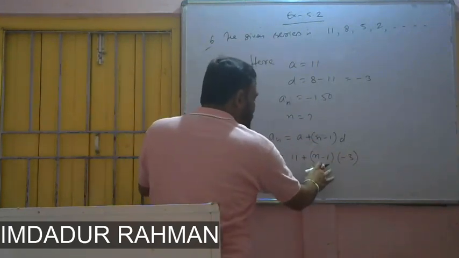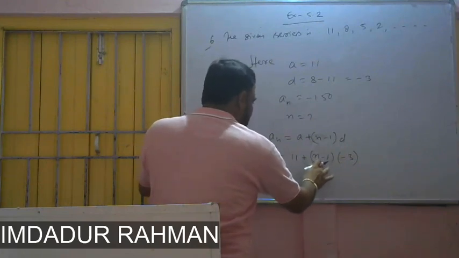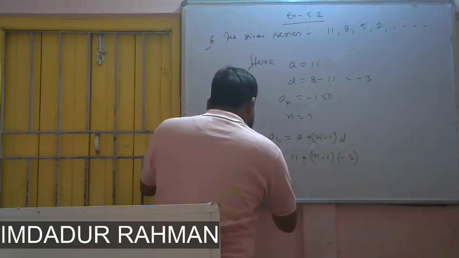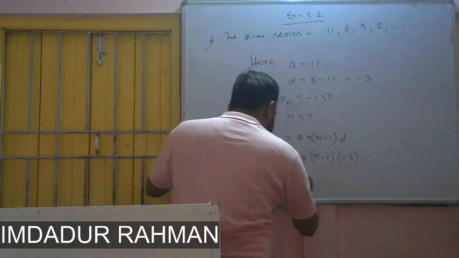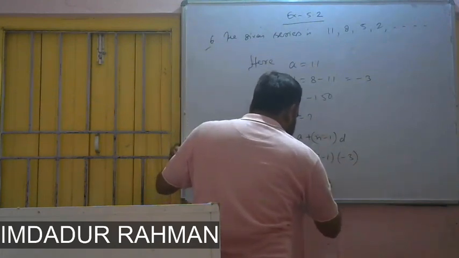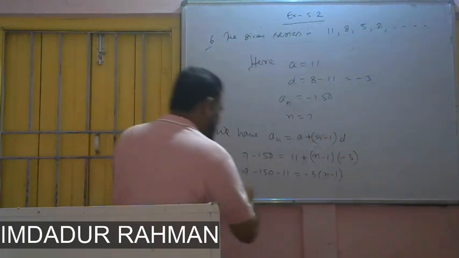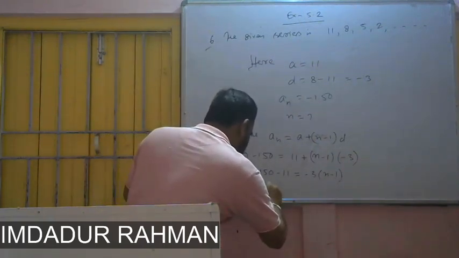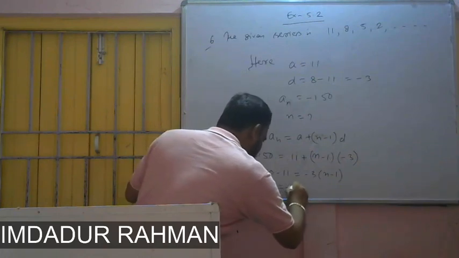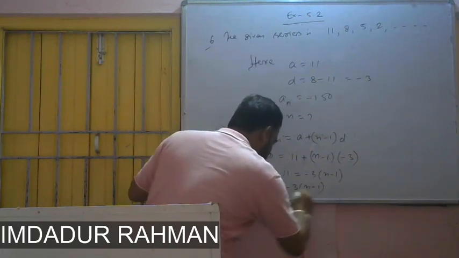So, as we are finding n: minus 150 minus 11 is equal to minus 3 into (n minus 1). Then minus 161 is equal to minus 3 into (n minus 1).